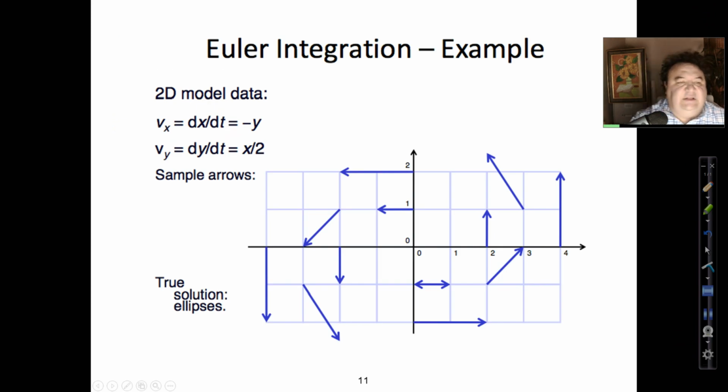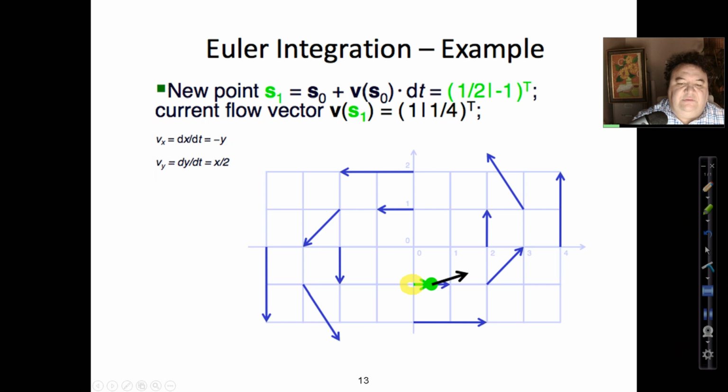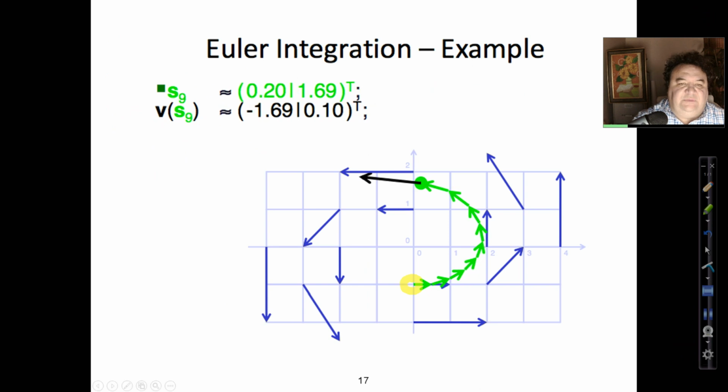So this is again a sampling of the field itself, and now we can start thinking, okay, we start here at this particular initial point, and then we do a few steps of integration, and we start seeing how the trajectory is computed numerically.